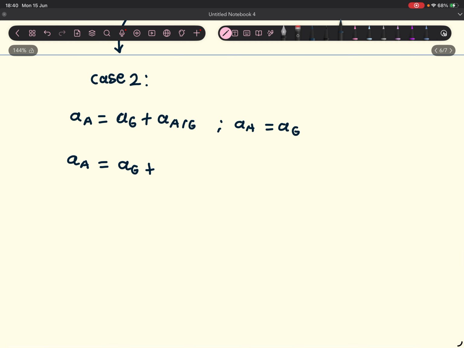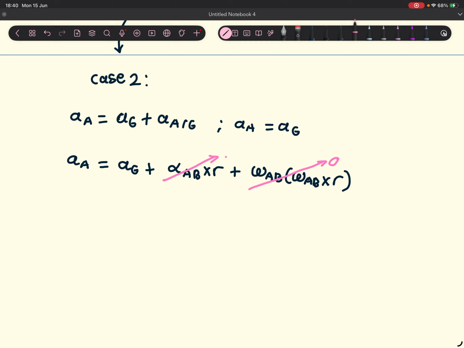And then plus alpha AB crossed with R plus omega AB into omega AB crossed with R, right? Since this thing isn't rotating, omega is 0 and also alpha is 0.